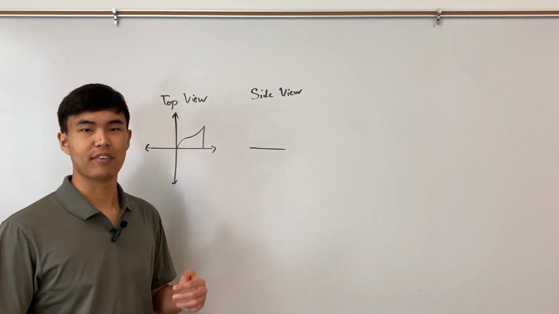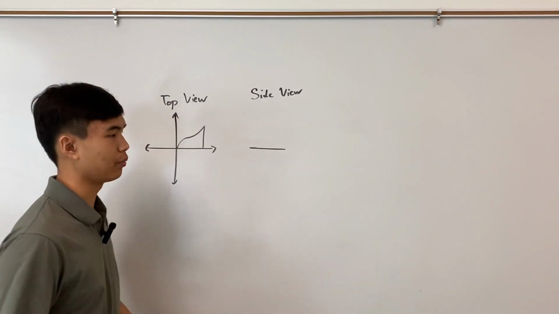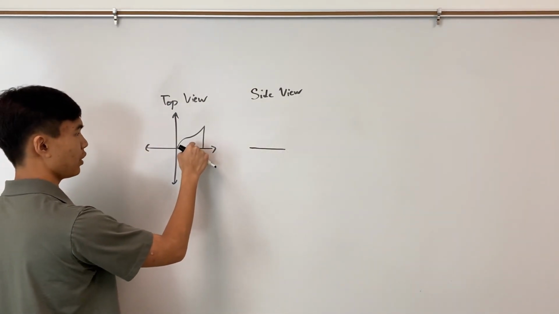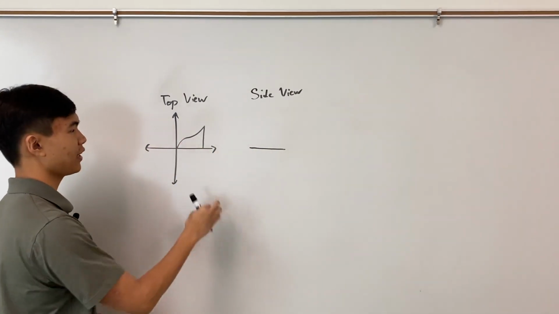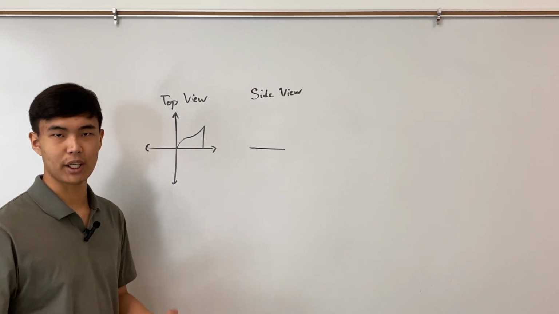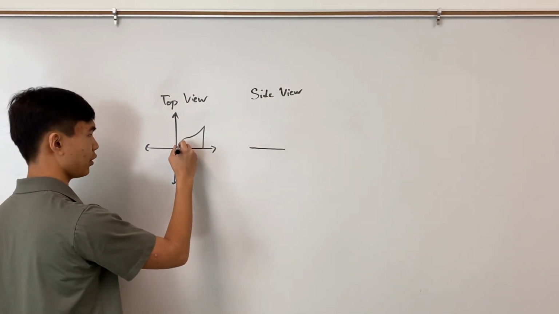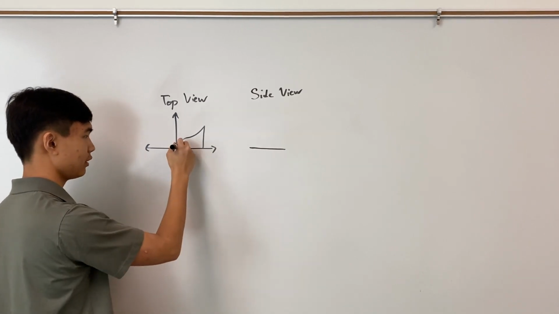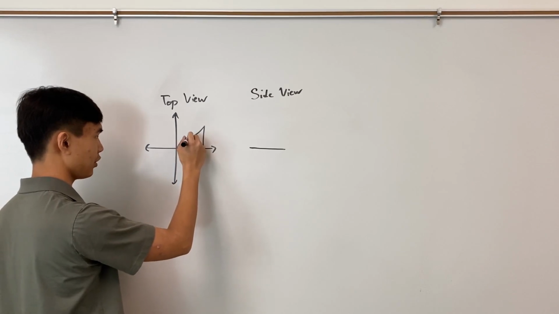Okay, so when we say that we're filling a solid with a shape perpendicular to some axis, what we mean is, for example here, from the top view looking straight down, if I say we're filling this shape with equilateral triangles perpendicular to the x-axis, that means that here's the base of one triangle, two triangles, three triangles, 4, 5.